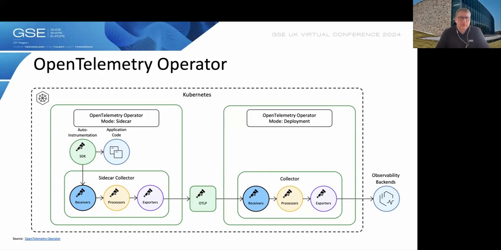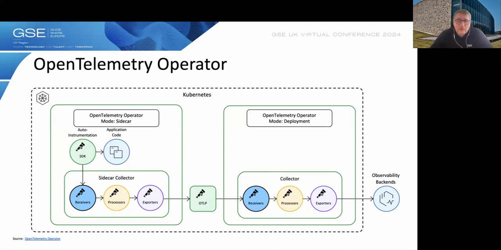If you deploy the operator in a sidecar deployment, then you can benefit from automated code instrumentation, as we have previously discussed. That would be applicable, for instance, for applications built on Java, but there are also other languages being supported.